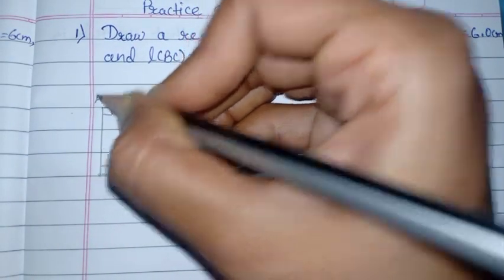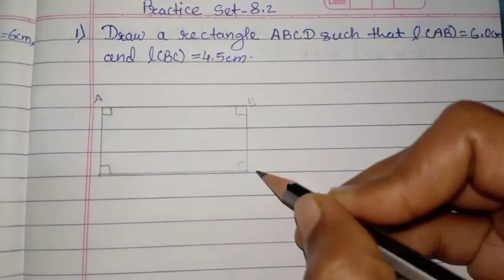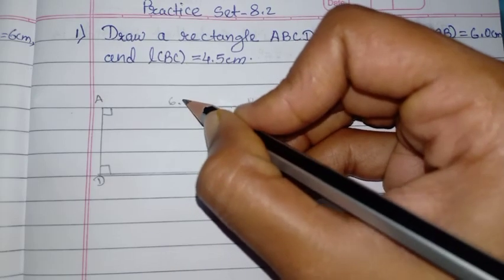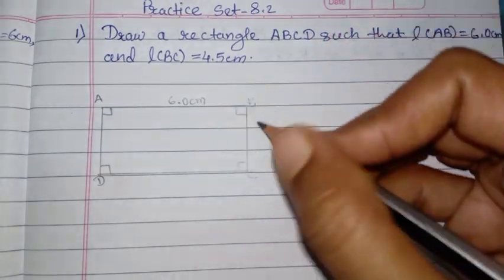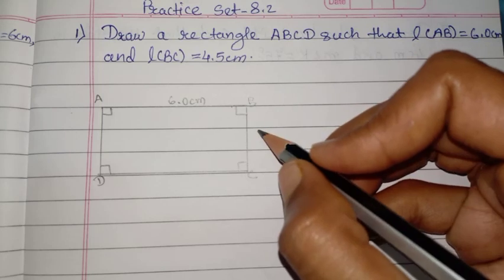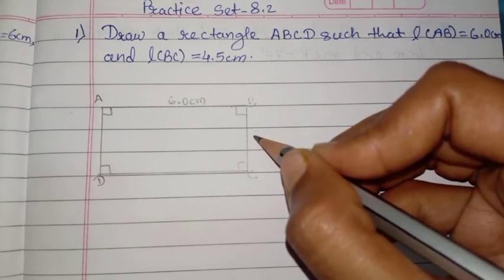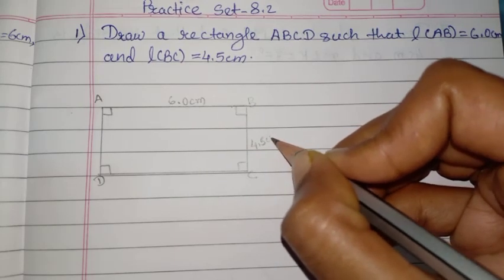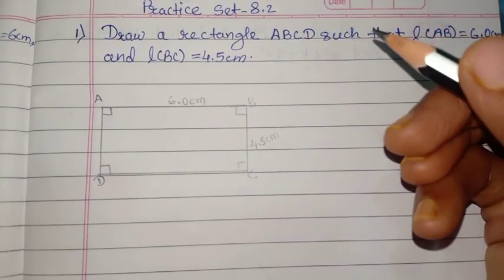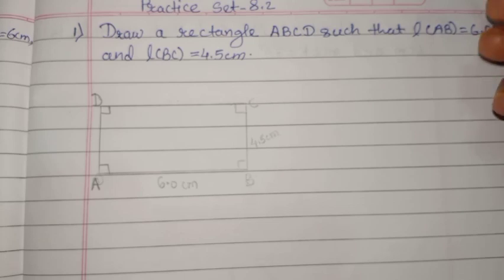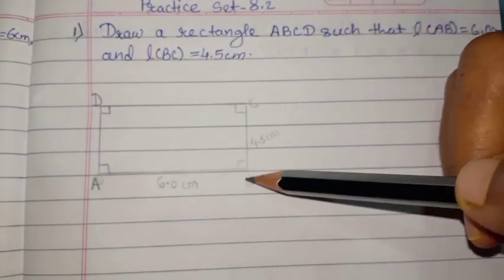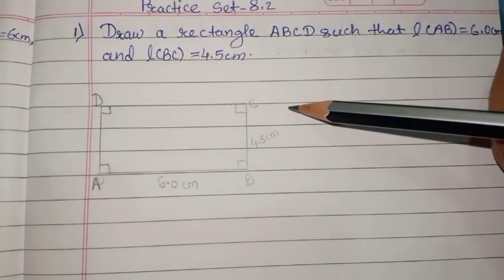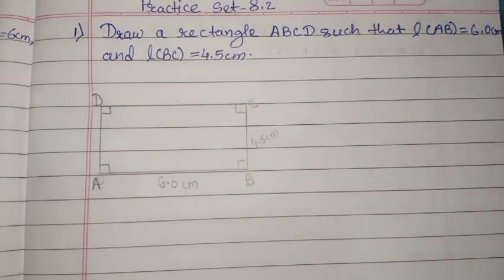We'll label it A, B, C, D. AB is 6 centimeters and BC is 4.5 centimeters. Length AB is 6 centimeters, BC 4.5 and all angles are right angles.